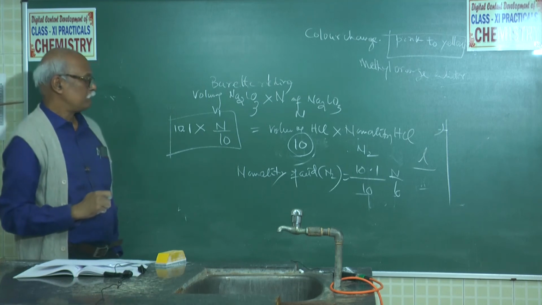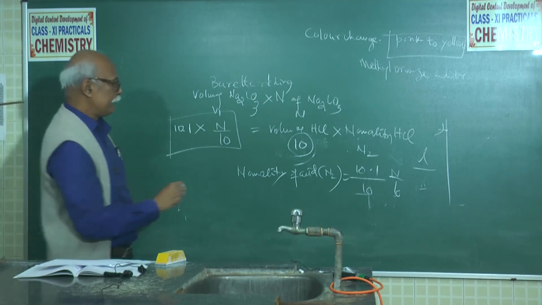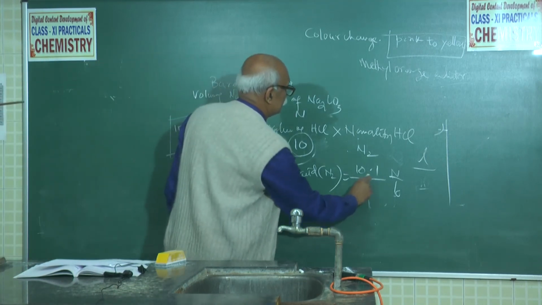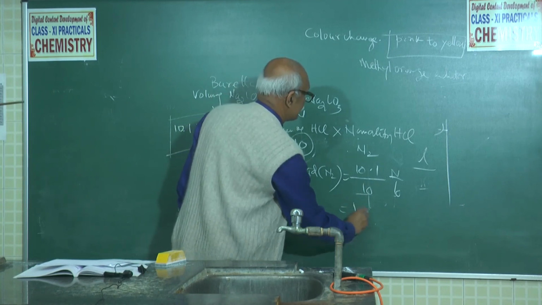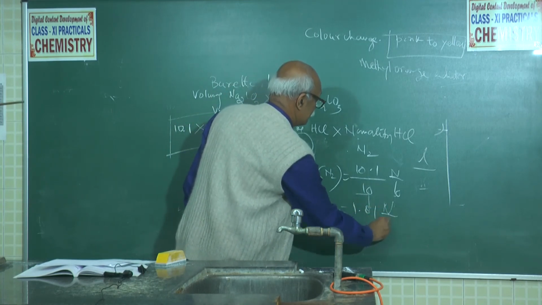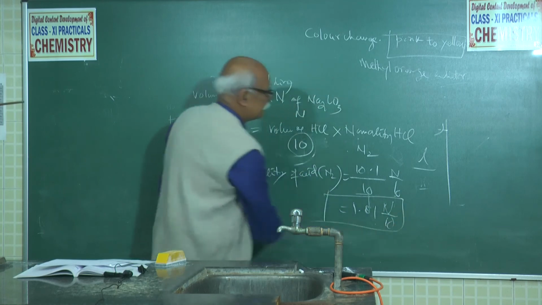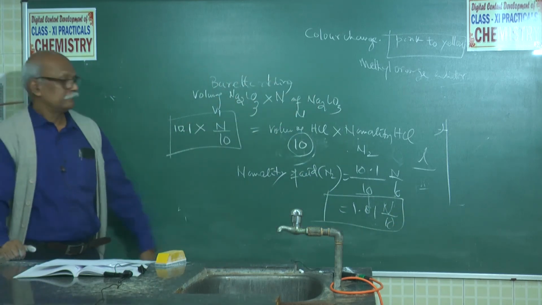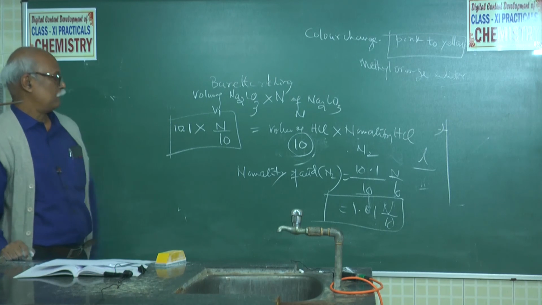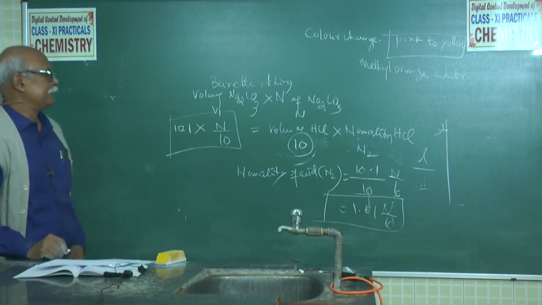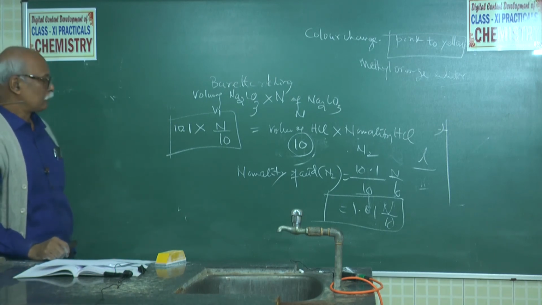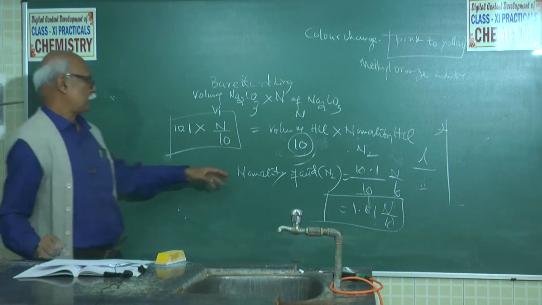So this will be 1.01 N/10. This is the normality, or normal strength, of the solution.